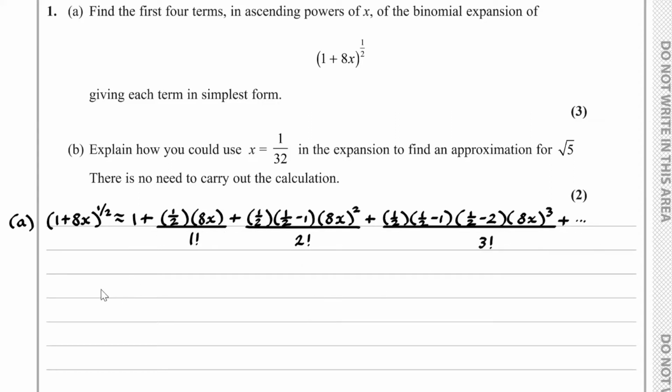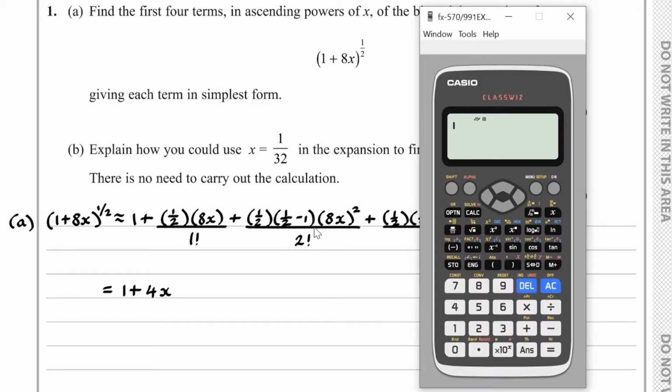And if we tidy all of this up, we've got 1 plus 4x, and here, if we work out this term, we have 1/2 times (1/2 minus 1) times (8x) squared over 2 factorial.